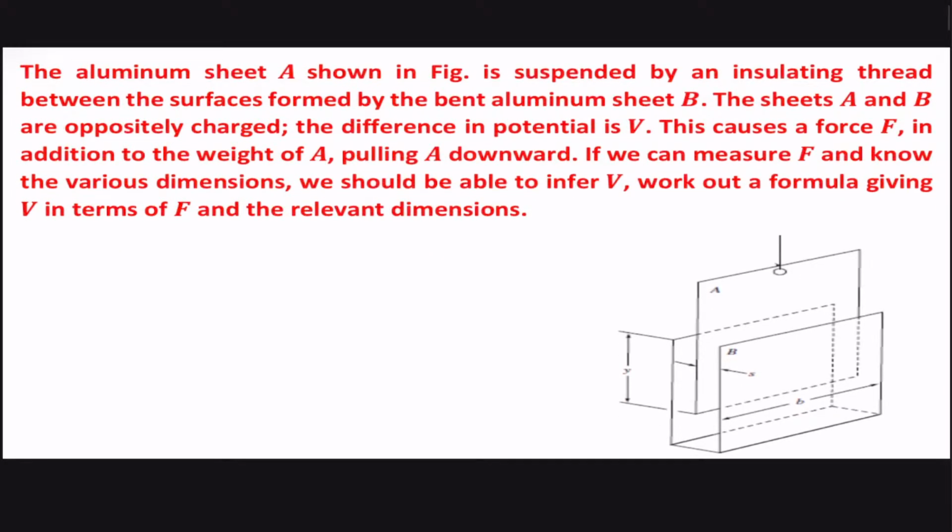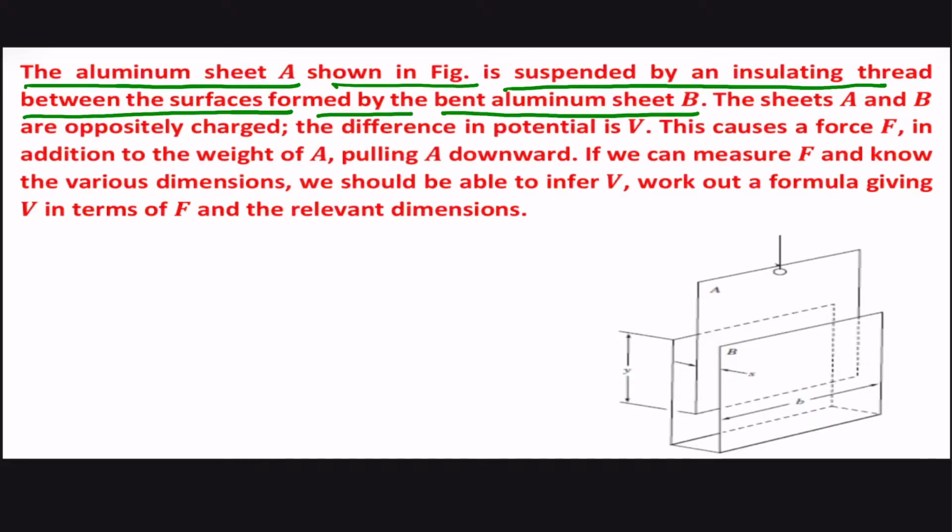In the first question it is given that the aluminum sheet A, as shown in the figure, is suspended by an insulating thread between the surfaces uniformly by the bent aluminum sheet B. The sheets A and B are oppositely charged.